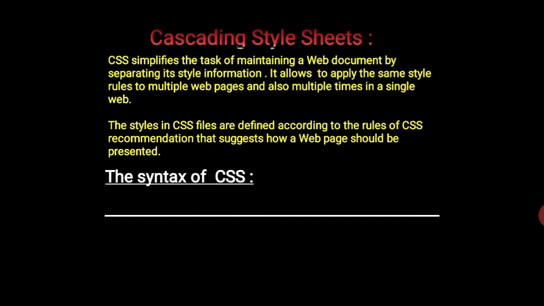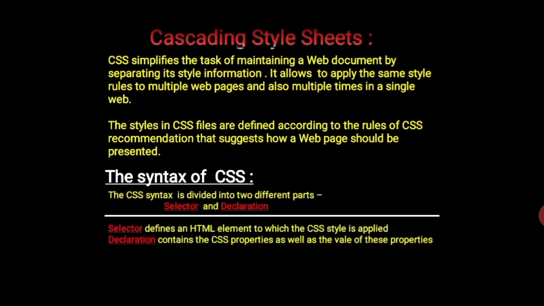The syntax of CSS can be divided into two parts: one is the selector and one is the declaration. The selector defines an HTML element to which the CSS style is applied, and the declaration contains the CSS properties as well as the values of these properties.